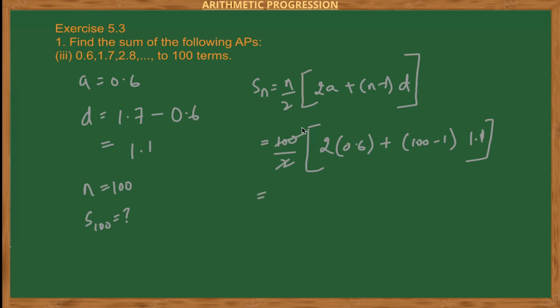So 2 ones are 2, giving 50 and 1.2, plus 100 minus 1 is 99 into 1.1.